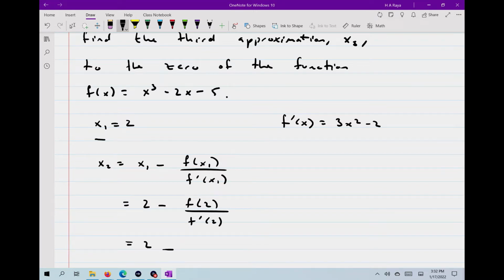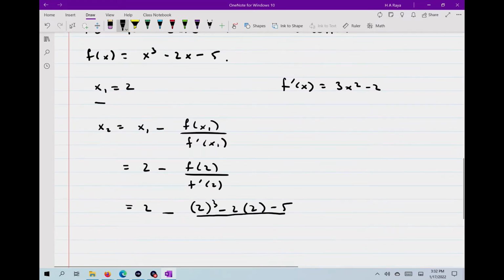So this would be 2 minus my function f at 2, which would be 2 to the third minus 2 times 2 minus 5, divided by my f prime of 2, that would be 3 times 2 squared minus 2. And in computing this out, we get exactly 2.1.